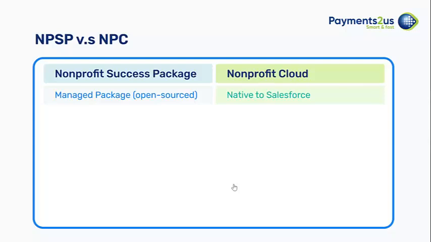So the first thing is the NonProfit Success Pack versus the NonProfit Cloud. The NonProfit Success Pack was more of an open source application that got installed on top of the Salesforce package, and it was primarily concentrating on turning the standard Salesforce CRM from a business relationship type model, where you have an organization and contacts related to that, to one that was more person or contact related.